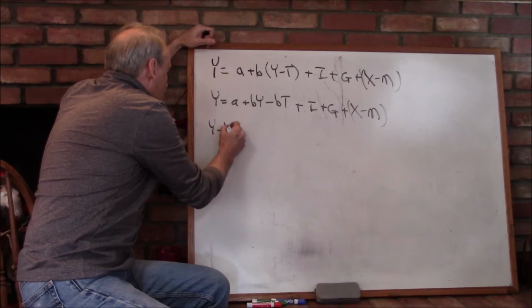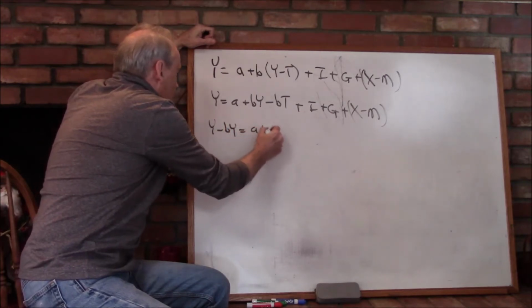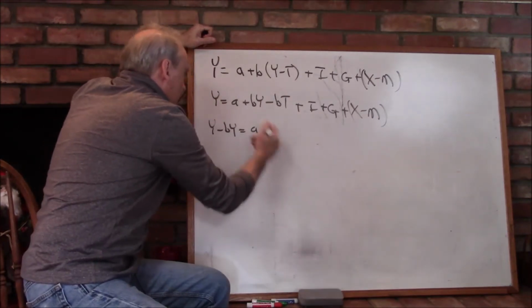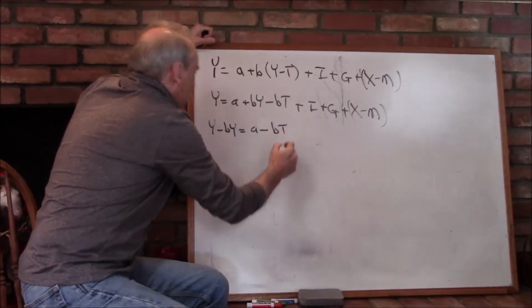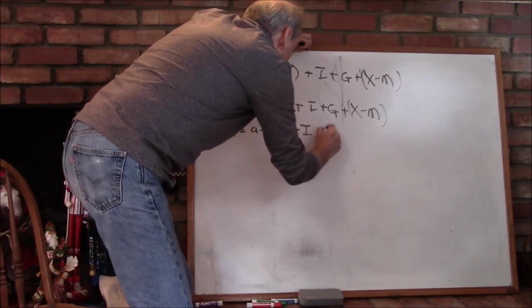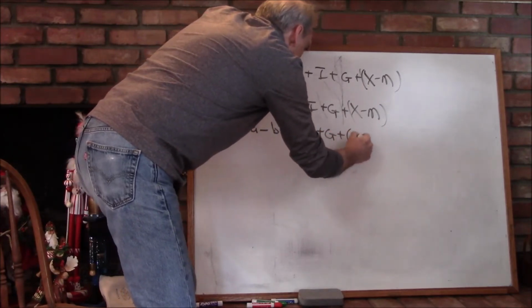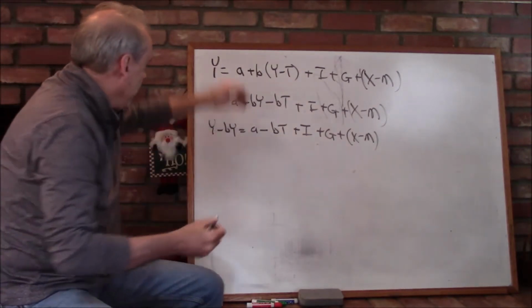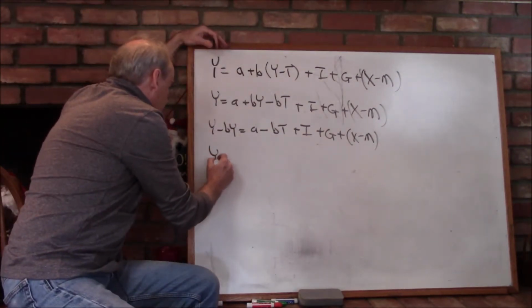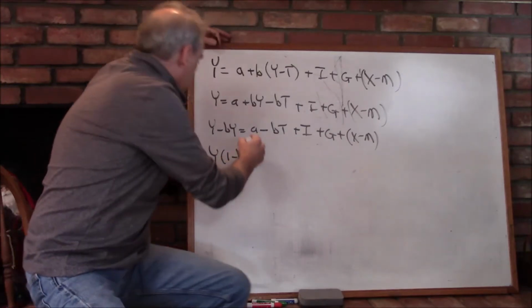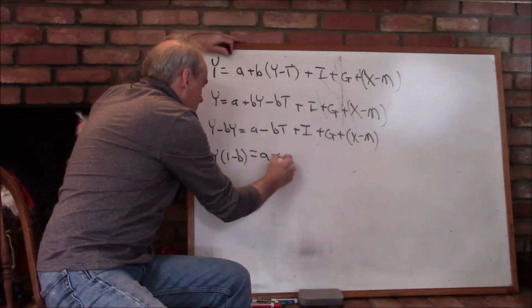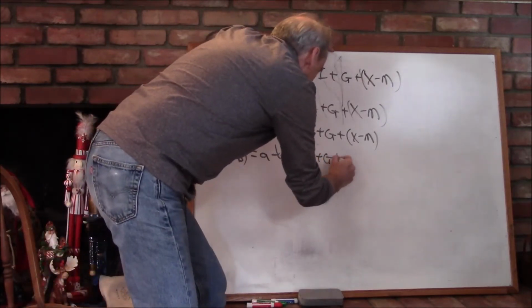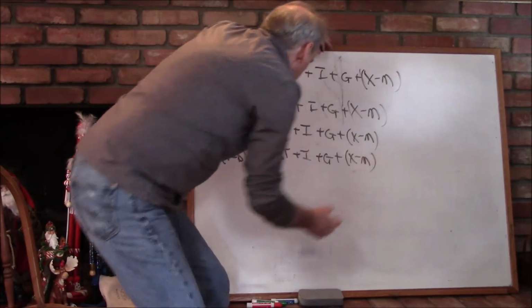Y minus by is equal to a minus bt plus I plus g plus x minus m. Factor y out. Y times 1 minus b equals a minus bt plus I plus g plus x minus m.